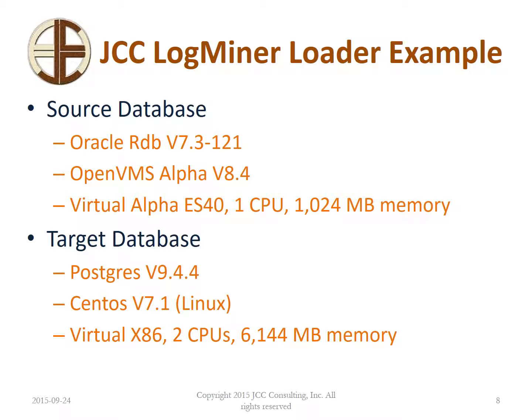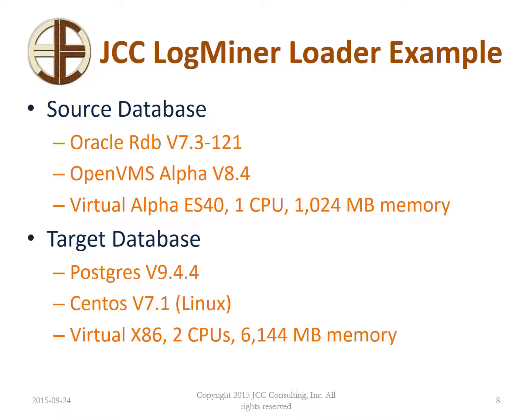In this example, we're going to use RDB version 7.3 for the source database running on an Alpha VMS 8.4 system. The source database is a virtual ES40 running on one CPU and 1024 megabytes of memory, so a relatively small system, but we don't have a big workload.